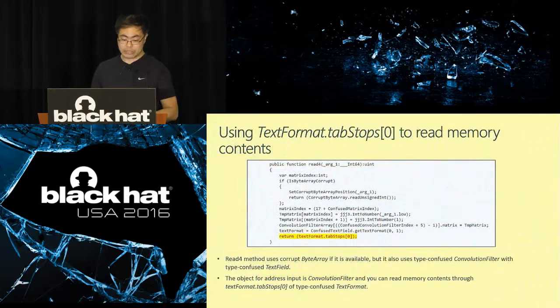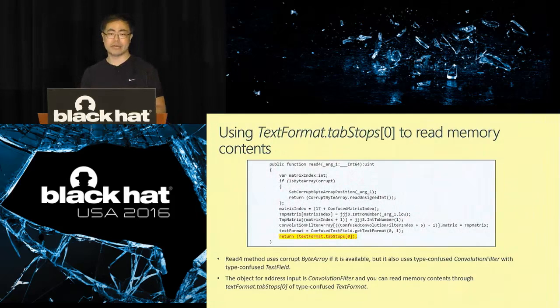But when it reads, you just pass some address to the convolution filter object, and you can read out the actual memory from text format tap stops element 0, from the yellow background line there. So it looks like the convolution filter matrix will override some address field in the internal structure, and it will make the reading of any process memory possible.